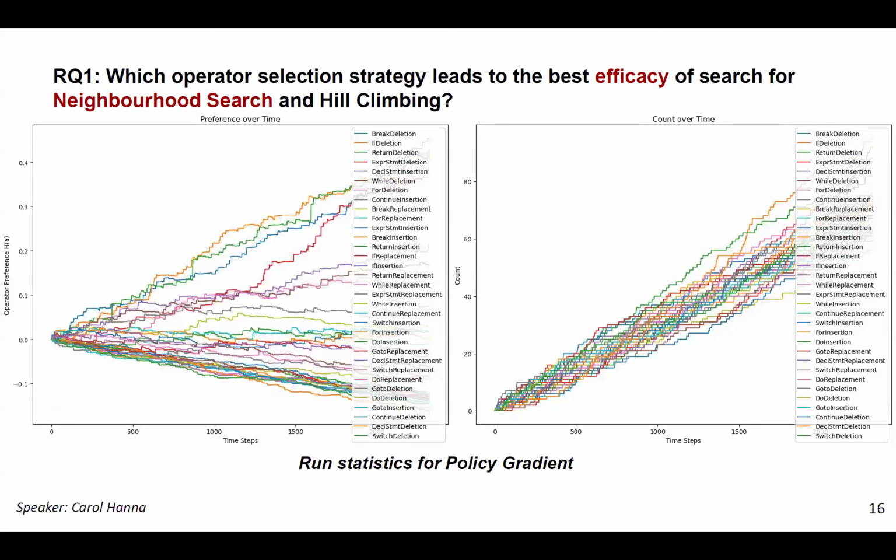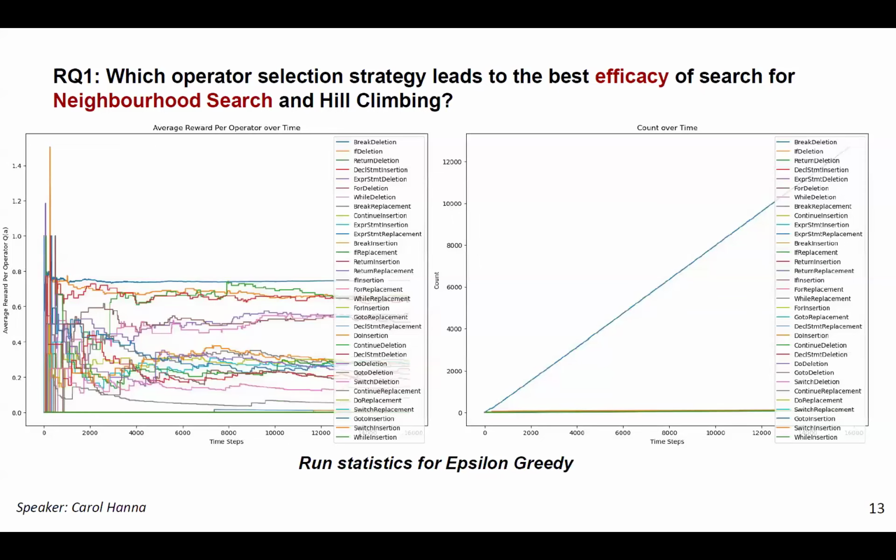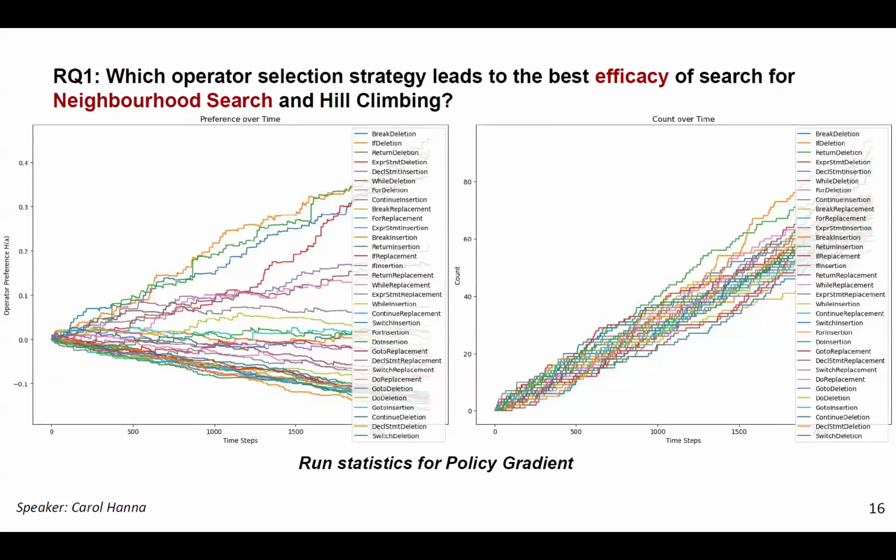And then finally, we have the policy gradient. This plots the preference over time instead of the average reward. We can see that these graphs are not very interesting because on the right-hand side, it looks very similar to this, which is the uniform selector, meaning that not a lot of learning is happening. And we think that's because we set the learning rate way too low.